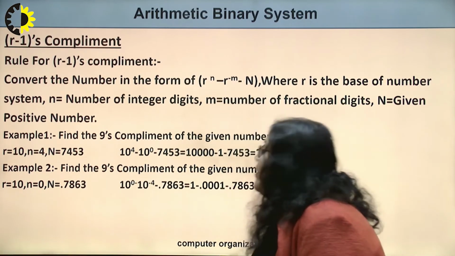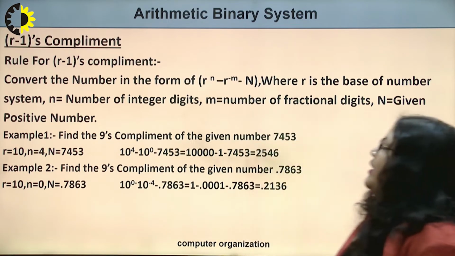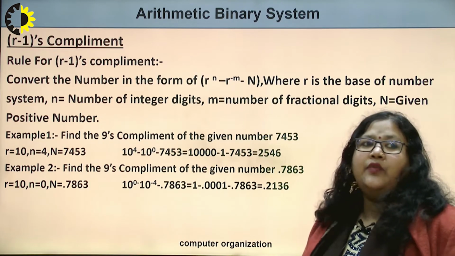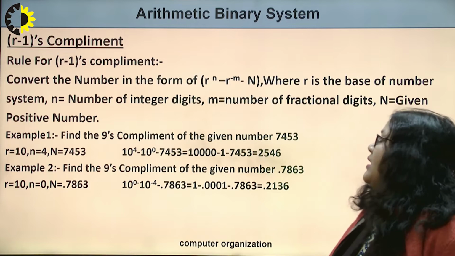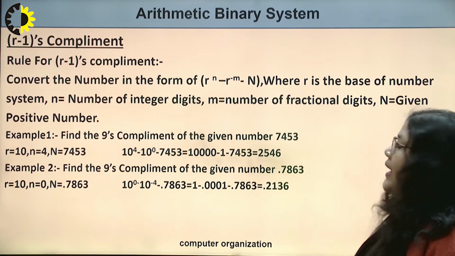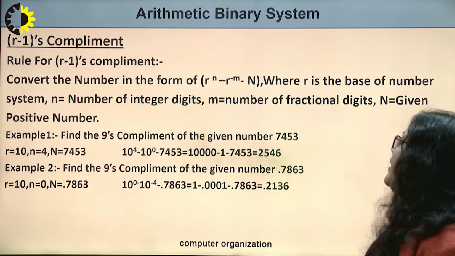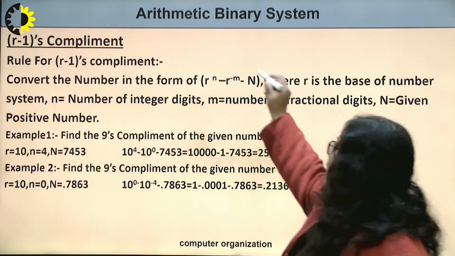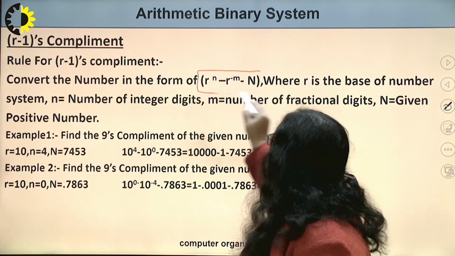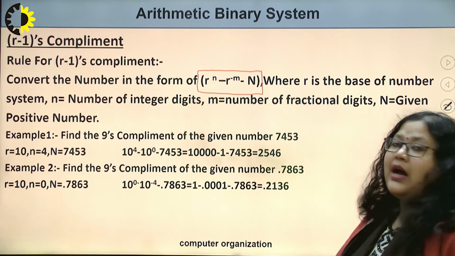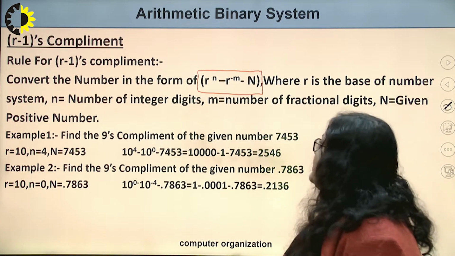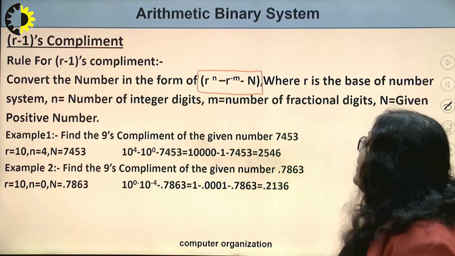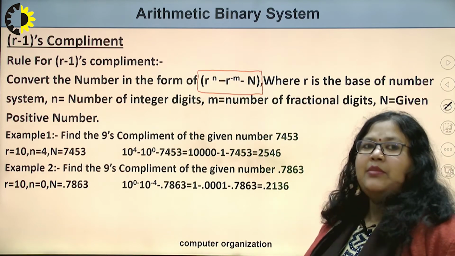Basically, what is R minus 1's complement? R minus 1's complement is the converted form of the R's complement, where the number is converted in the form R to the power n minus R to the power minus m minus capital N. This is the formula, where R is the radix, n is the number of integer digits and m is the number of fractional digits.